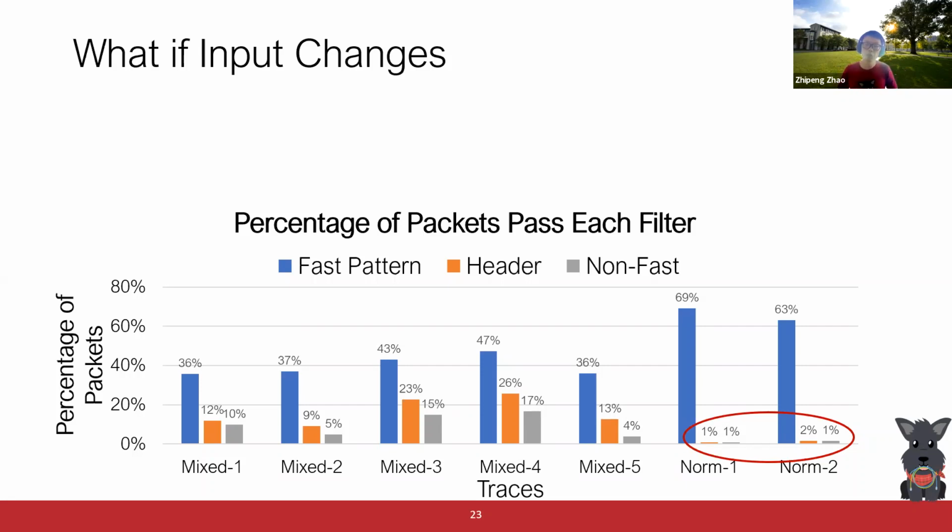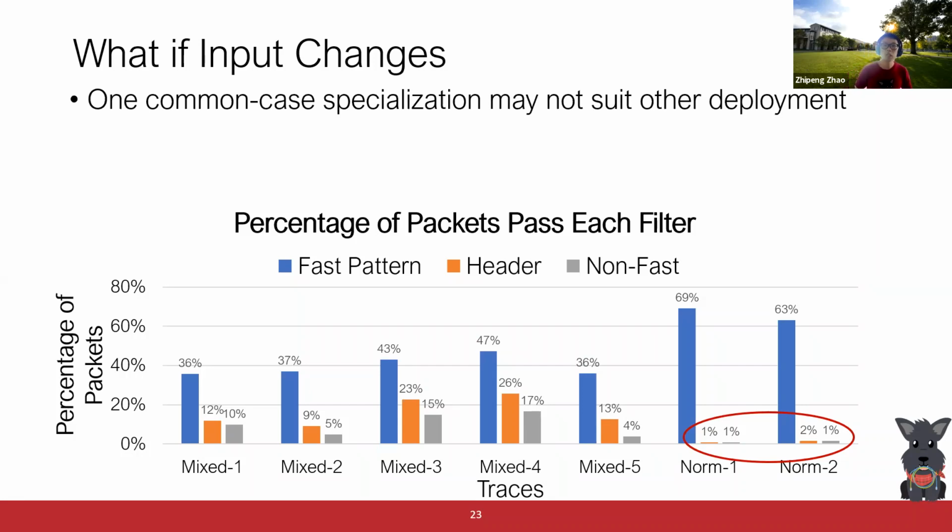And for these particular traces, users can actually just remove the non-fast pattern matcher from the design to save resources. However, such designs may not work for the rest of the traces, where you can see that the non-fast pattern matcher is indeed effective.